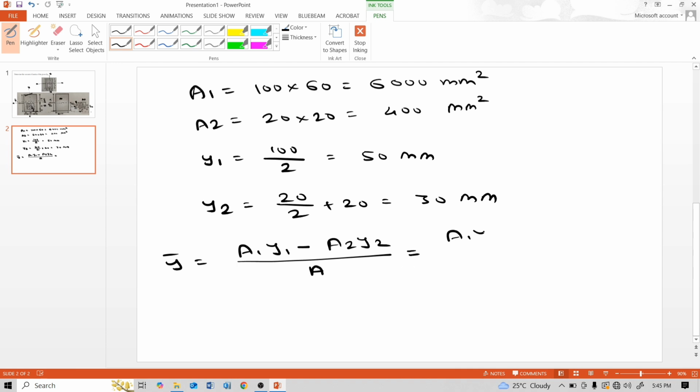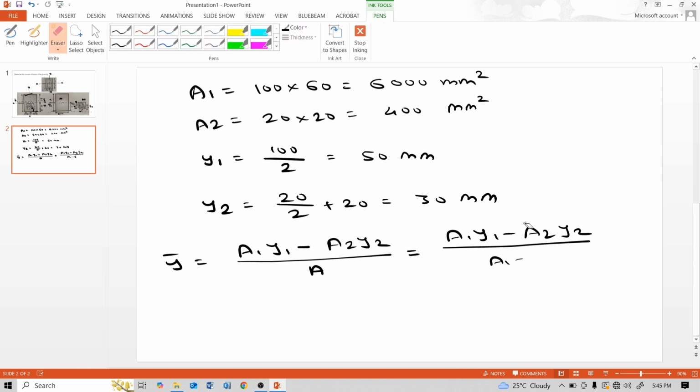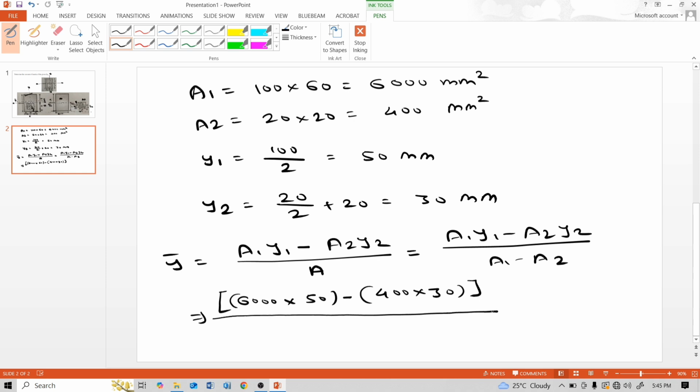So a1 is 6000 multiplied by y1 which is 50, minus a2 which is 400 multiplied by y2 which is 30, upon a1 minus a2, 6000 minus 400.